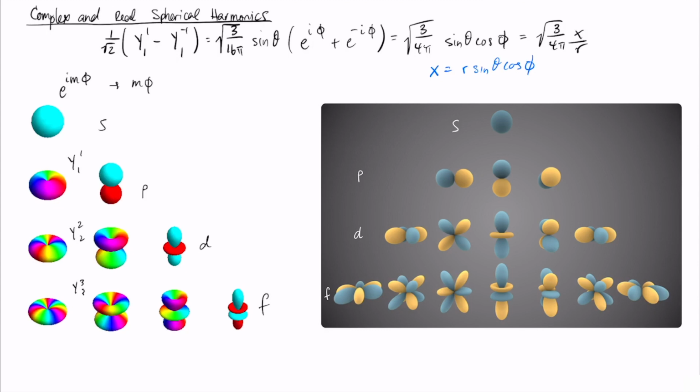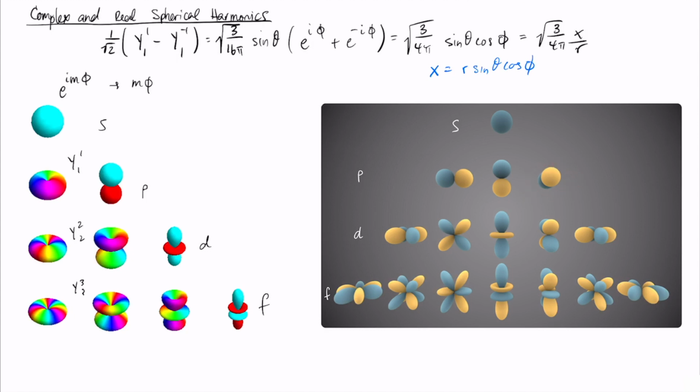Okay, now just like we did in this example here, where we take a particular linear combination of these two functions, we can make something that is both real and points in a particular direction. If we take linear combinations of these complex spherical harmonics on the left, we can end up with real spherical harmonics on the right, and now these do look exactly like the normal px, py, and pz type functions that we're used to.